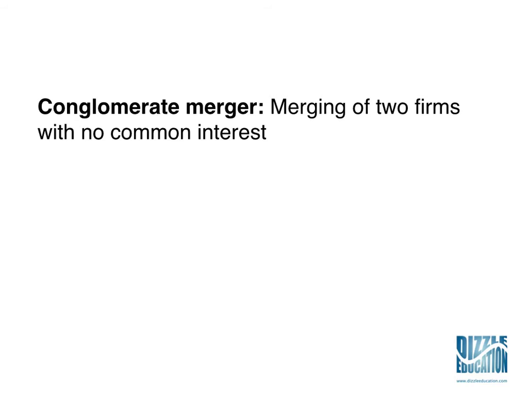Tata, for example, just in the UK, they own Tetley Tea, they own Jaguar Land Rover, and they own Tata Steel. Those three firms do not really have anything to connect each other, but they're all owned by one company. So, if one firm takes over another firm that is not in the same industry as itself, then we would describe that as a conglomerate merger.